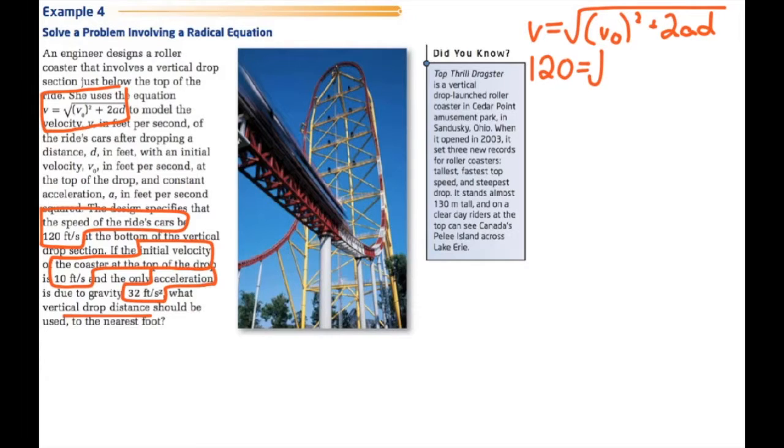We know that v naught, the initial speed, is 10 feet per second. a is 32 feet per second squared, and d is what we're trying to solve for. Difficult to type this into the calculator as is, so we'll do a little bit of work by hand first. 120 isn't going to be touched. 10 squared is 100. 2 times 32 is 64, so we get 64d.